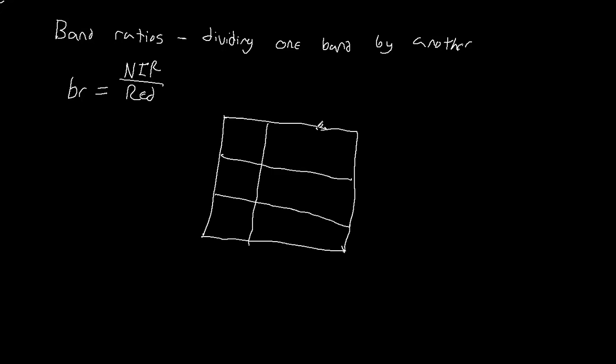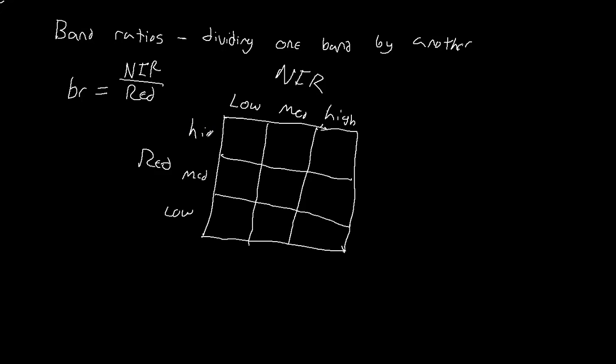So we're going to end up with this 3x3 grid here, NIR and red. And what I want to do is imagine a low value, a medium value, and a high value for each of these.